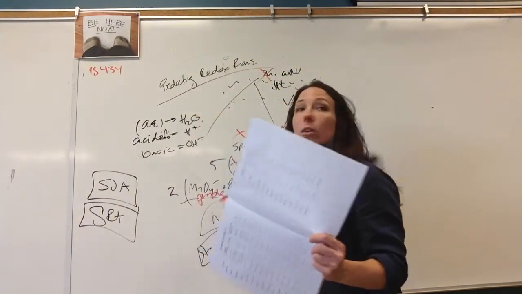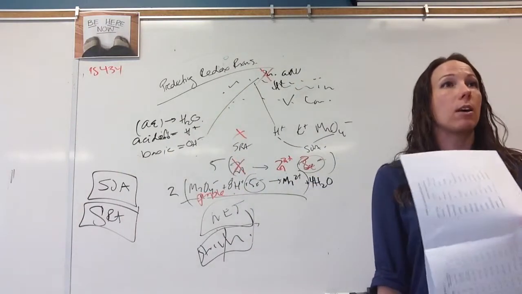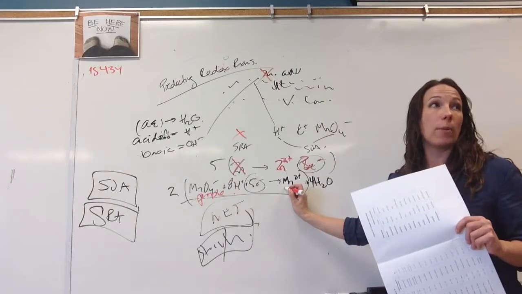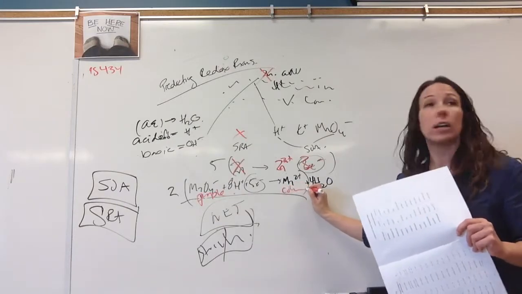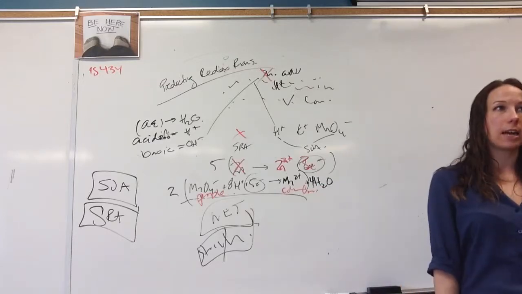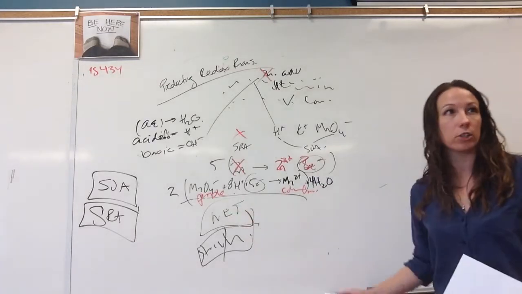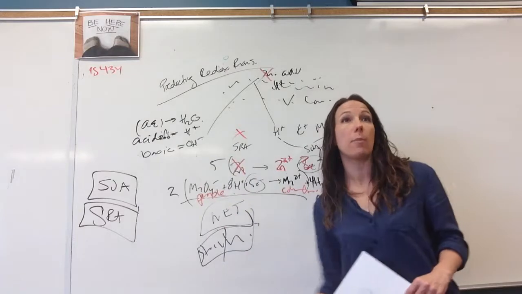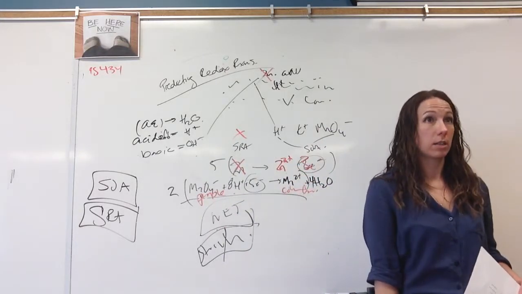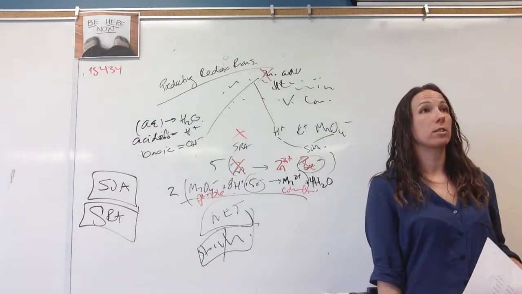Remember that bright purple that we've used quite a few times now? Purple changes to Mn2 plus, which is colorless. So one diagnostic test is that all my purple will be used up and I'll have a colorless solution. Does that make sense? That's one diagnostic test.